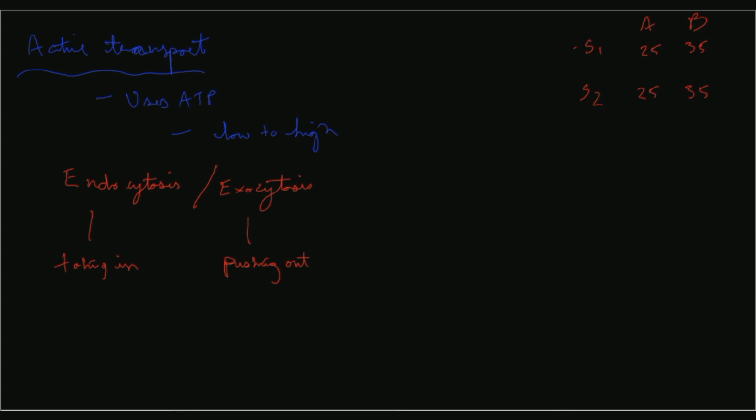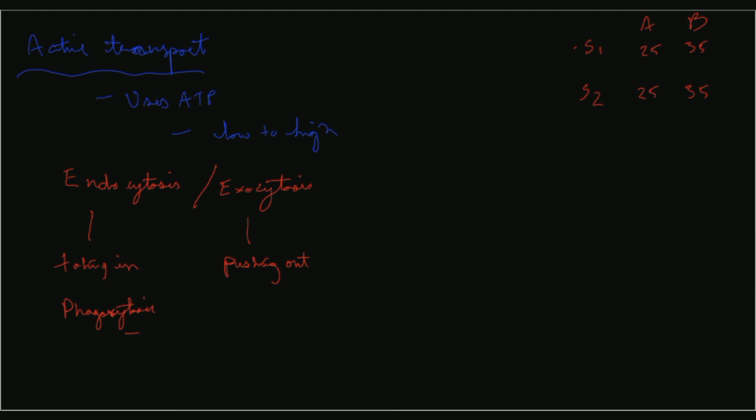Okay, and in endocytosis, there's phagocytosis, which is something like an amoeba does. I think it's an amoeba. This would be where a cell engulfs something, like another organism, or food that it knows is food.